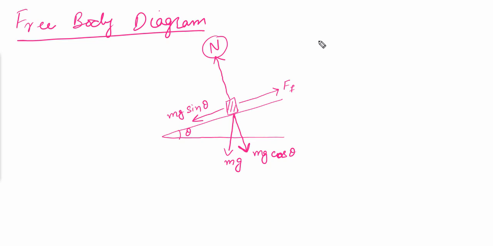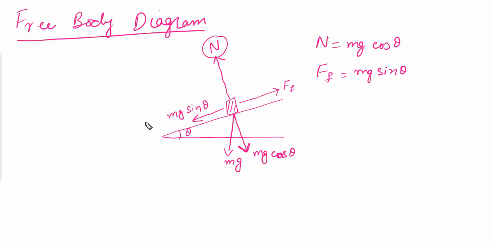So in this example, our normal force is equal to mg cos theta, and our force of friction is equal to mg sine theta. This is quite a common problem that you see in your questions. In those questions you can get help from these forces and get your required normal force or force of friction.